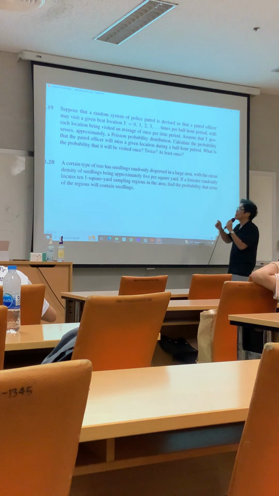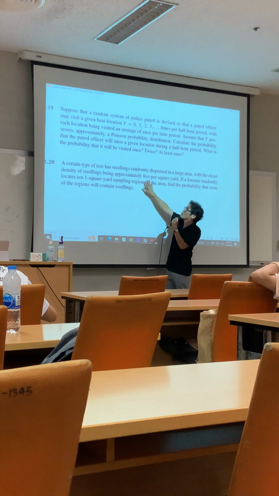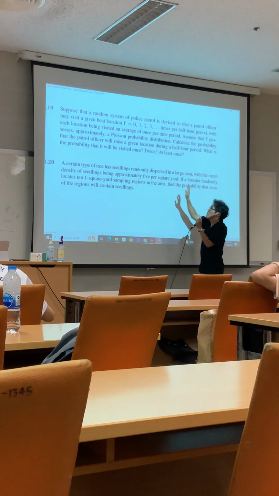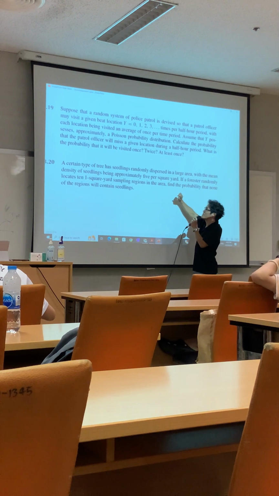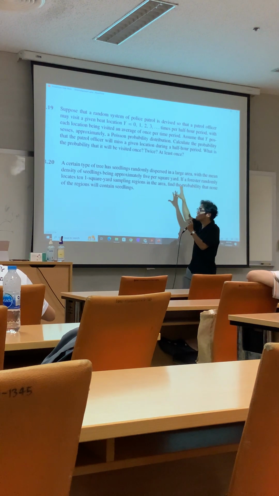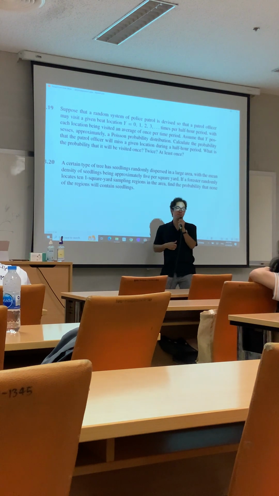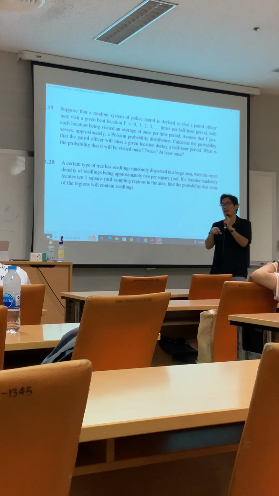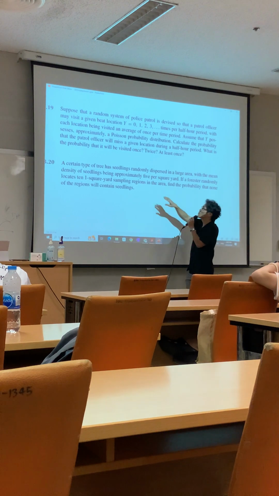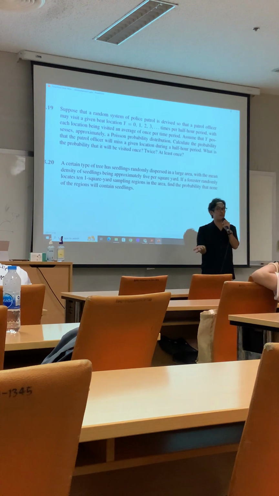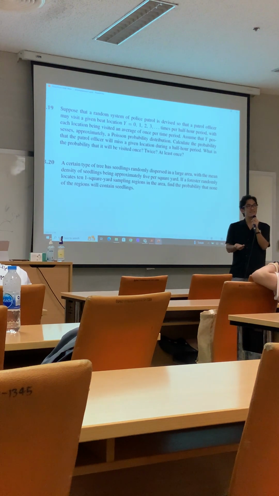Now the question gives you lambda equal to 5, but it's 5 per 1 square yard. Now they want 10 one-square-yard regions. What should we do? Should we multiply 10 by the lambda 5 and then calculate the probability of y equal to 0?